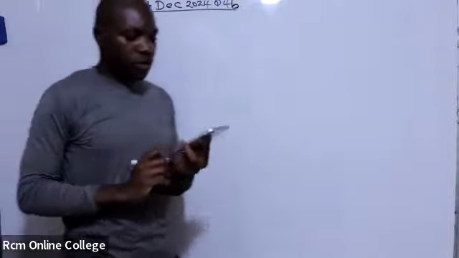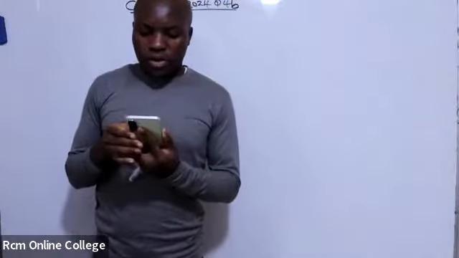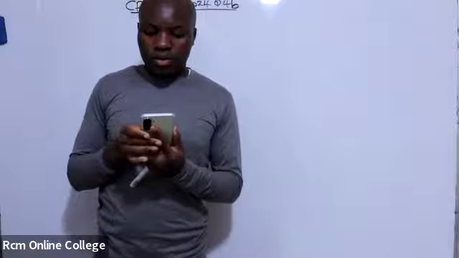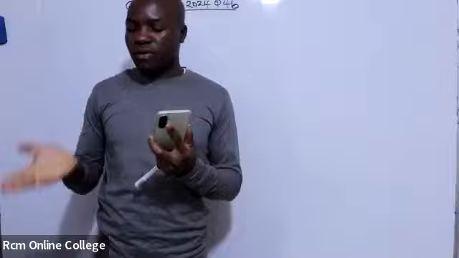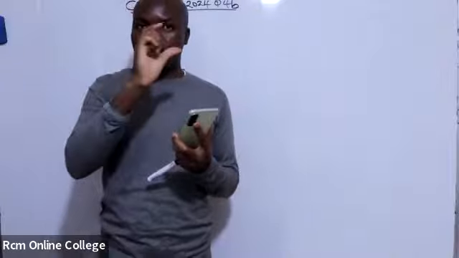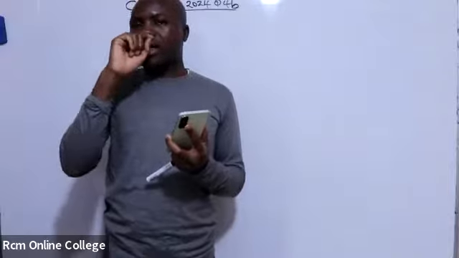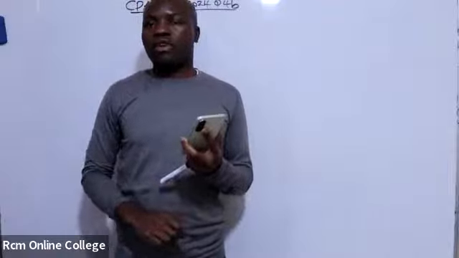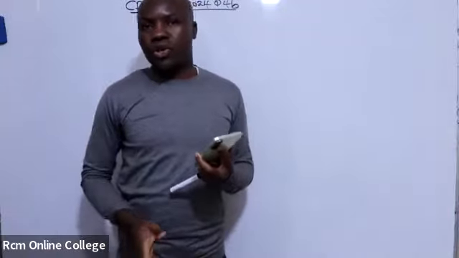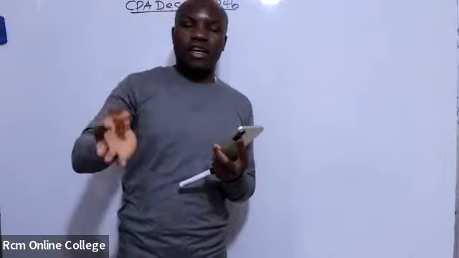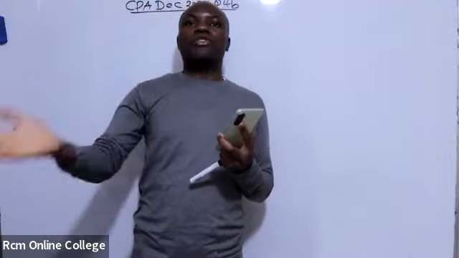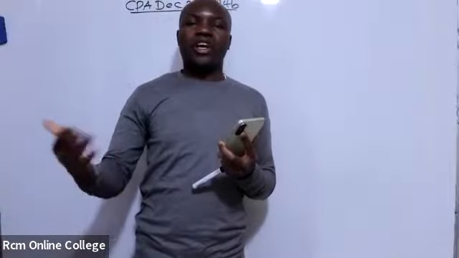The question says that the following trial balance was extracted from the books of EV, a sole trader, as at 30th September 2024. At this level, we are normally taught about journal entries. You do journal entries, you come up with the ledger accounts, then of course, you give us the closing trial balance.